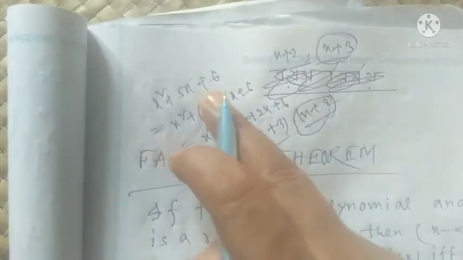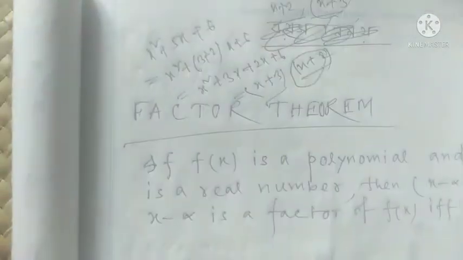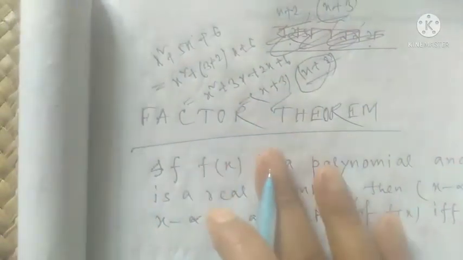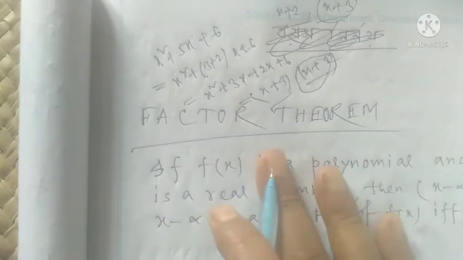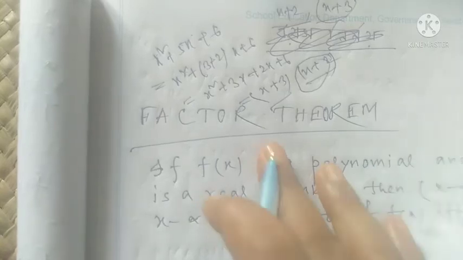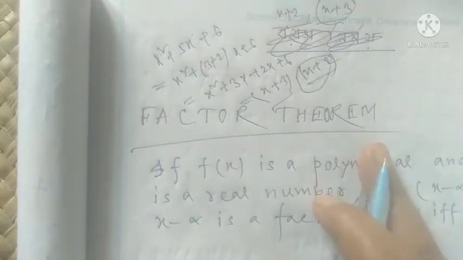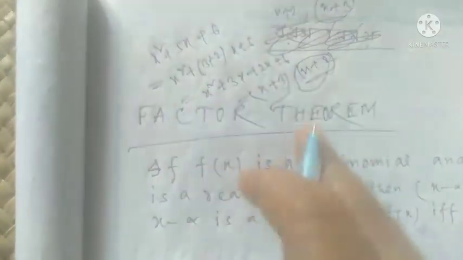But in this chapter, you have to check whether it is a factor, yes or no, by another method. That means this is the factor theorem. Okay, this is not the same method. So what is the factor theorem?